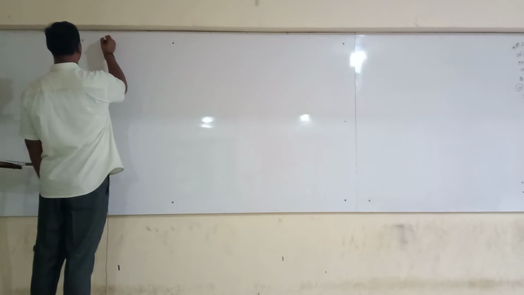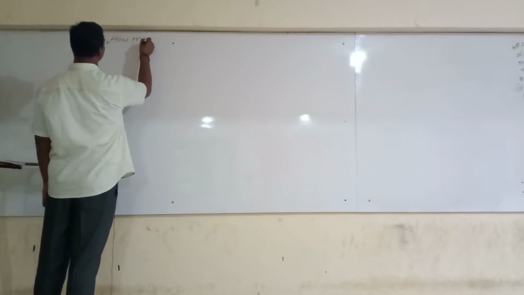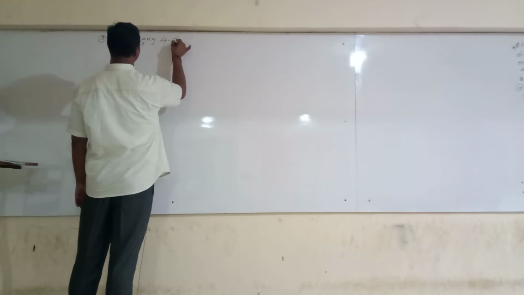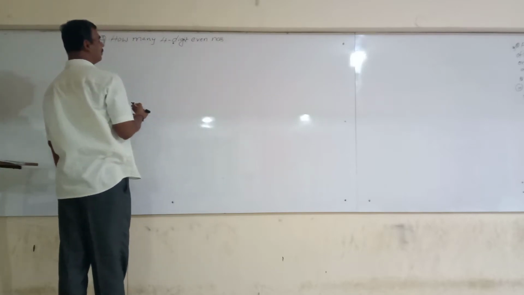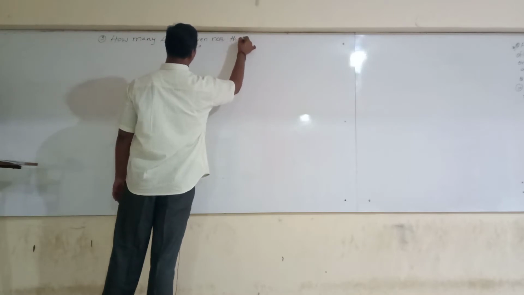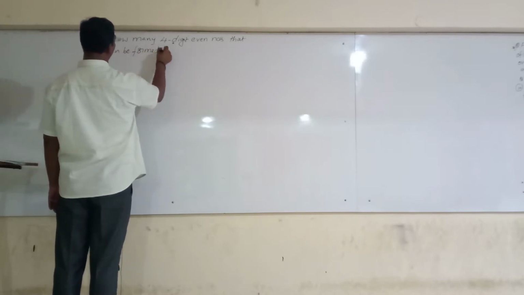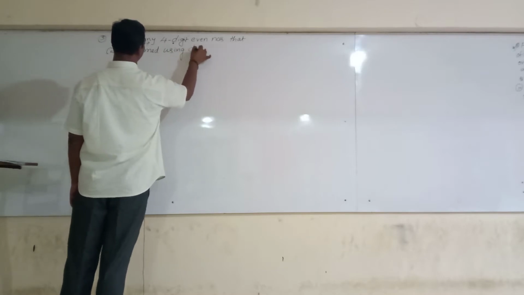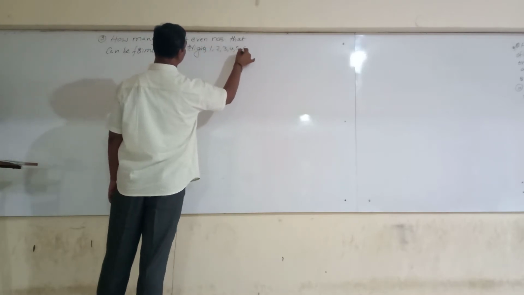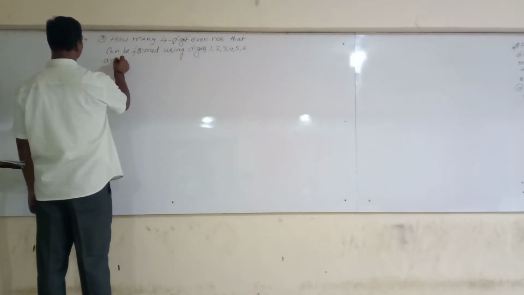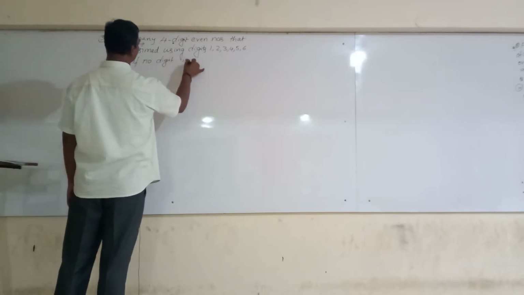Take the third question. How many 4-digit even numbers can be formed using the digits 1, 2, 3, 4, 5, 6 and 7 if no digit is repeated?